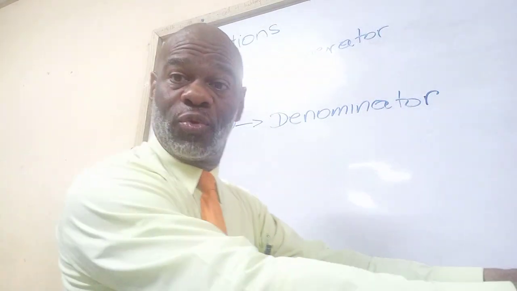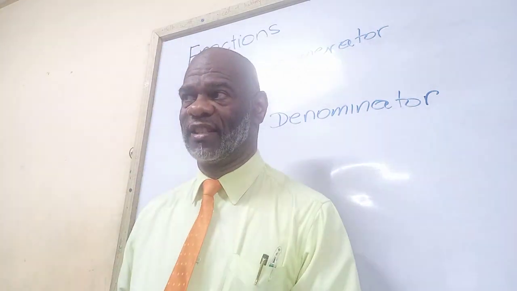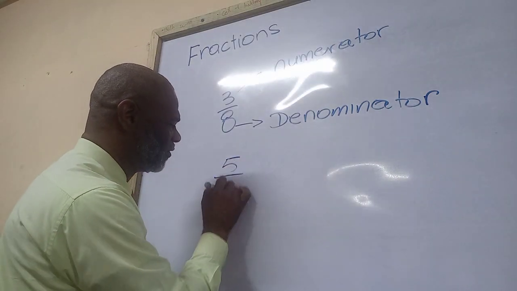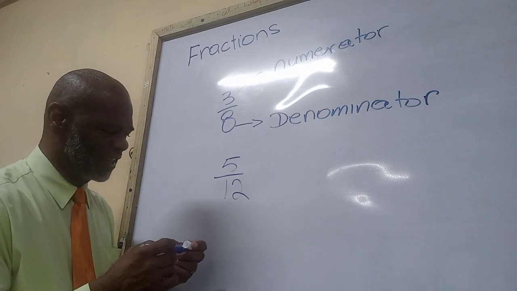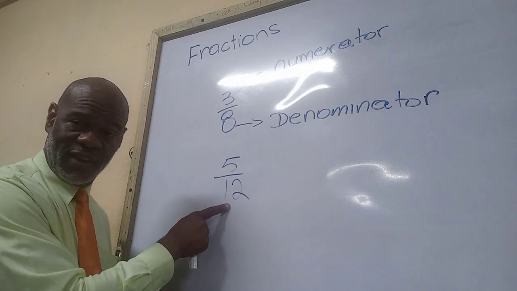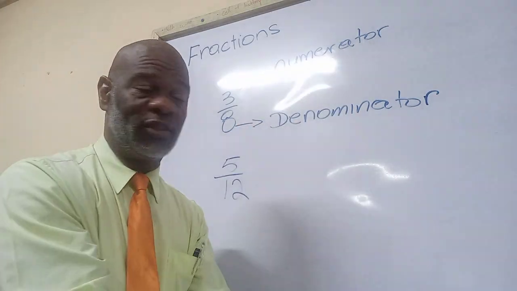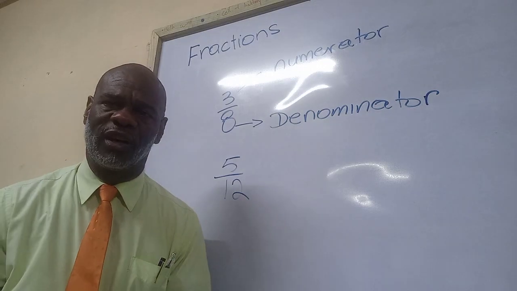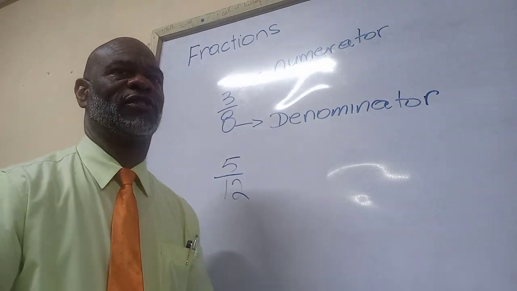If I took 5 of those eggs out of the tray, that would give me 5 out of 12, because the 12 represents the whole, and the 5 represents the number we are taking out.